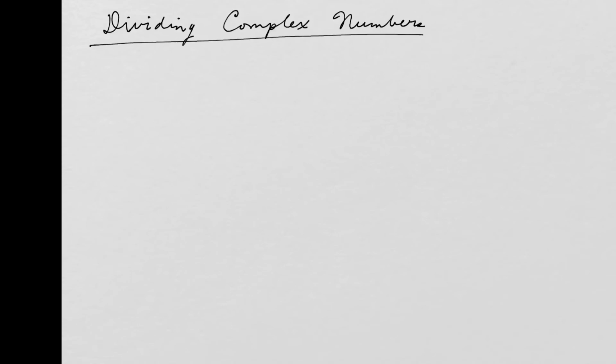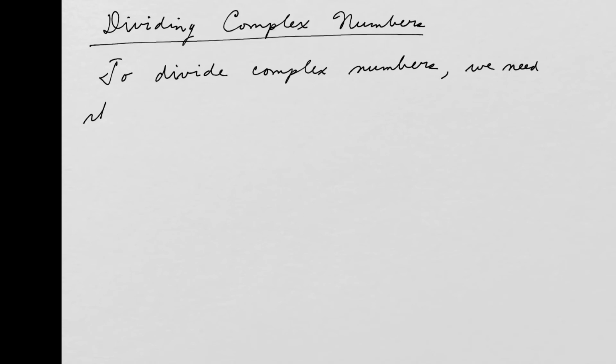To divide complex numbers, we need to multiply the numerator and denominator by the complex conjugate of the denominator.